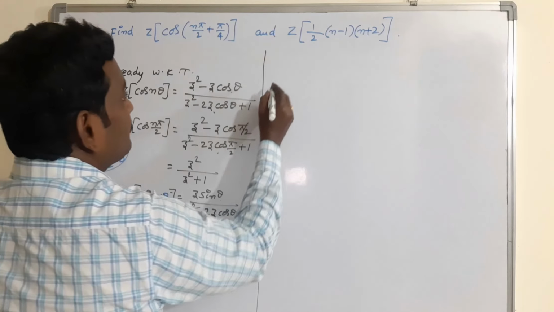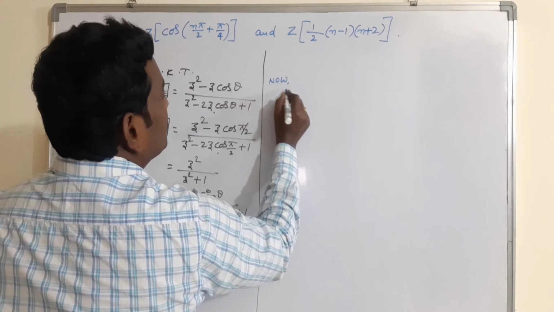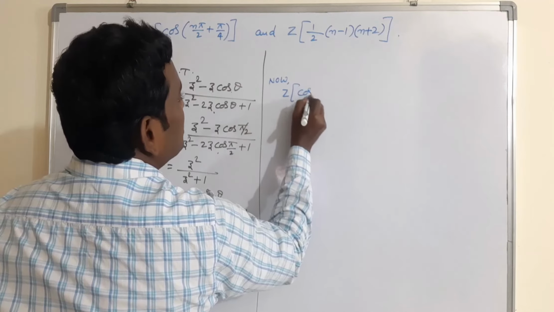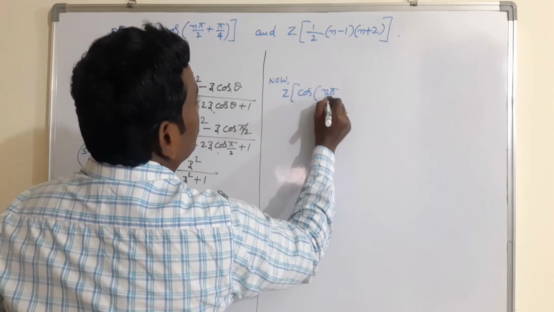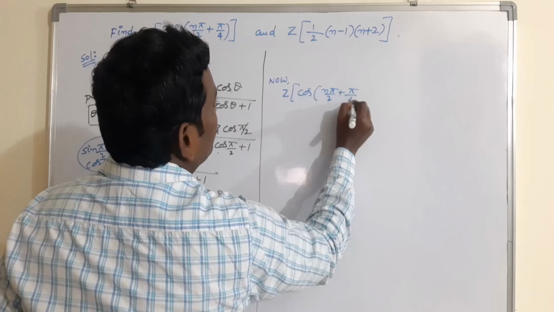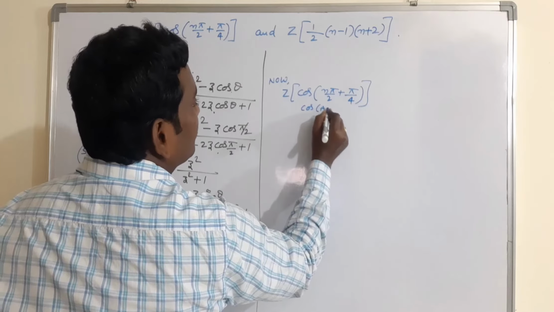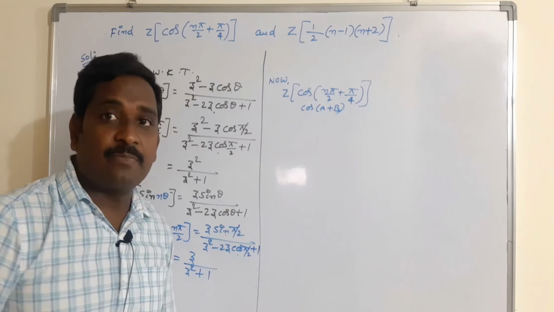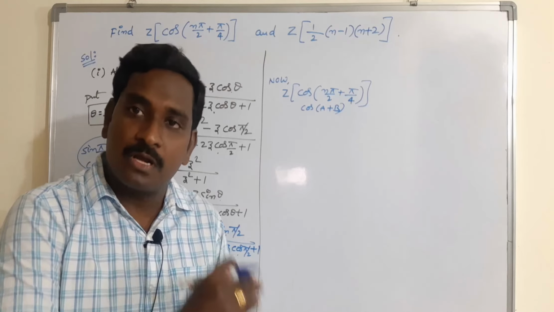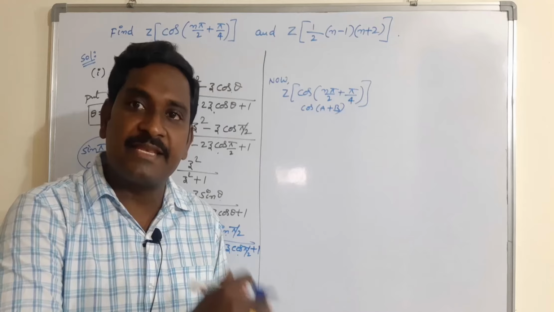Now consider the given problem. Z transform of cos of (n pi by 2 plus pi by 4). Clearly we are observing that this is in the form of cos of (a plus b). What is the formula for cos of (a plus b)? Cos of (a plus b) is equal to cos a cos b minus sin a sin b.